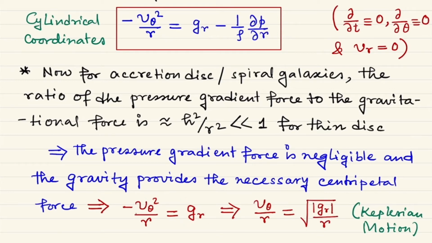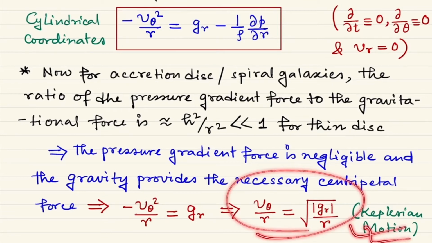This will be exactly equal to minus of minus v theta square by r, so it will be v theta square by r. So v theta by r will simply be equal to root over modulus of gr by r. Right, you just divide both sides by r and you take the mod, so there it will be plus, and then you have this. And what is this? This is nothing but our well-known Keplerian motion.